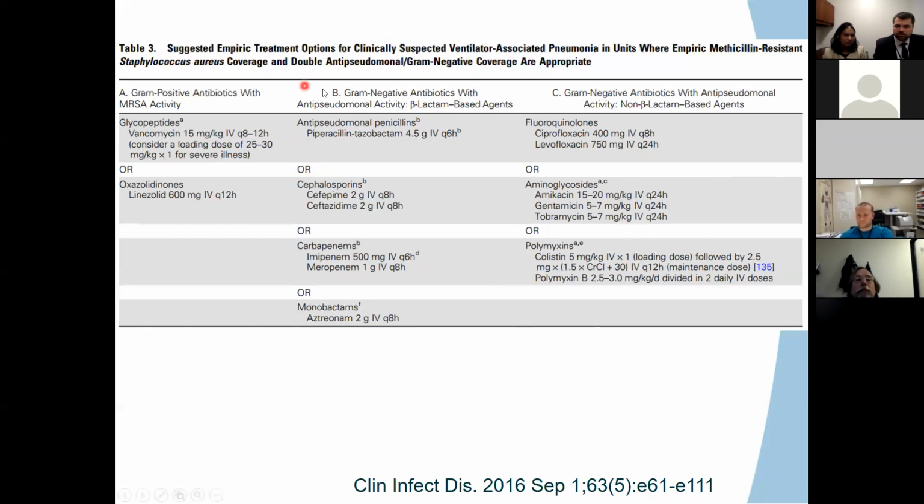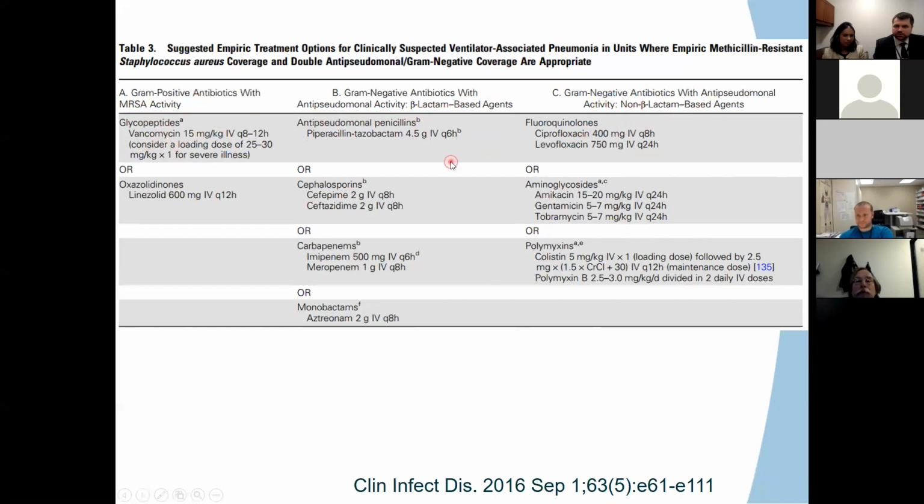So you're going to choose one from each category. The first category is gram-positive antibiotics with MRSA activity. Vancomycin works here. Then the next category is a gram-negative antibiotic with anti-pseudomonal activity, and then a gram-negative antibiotic with anti-pseudomonal activity, non-beta-lactam.